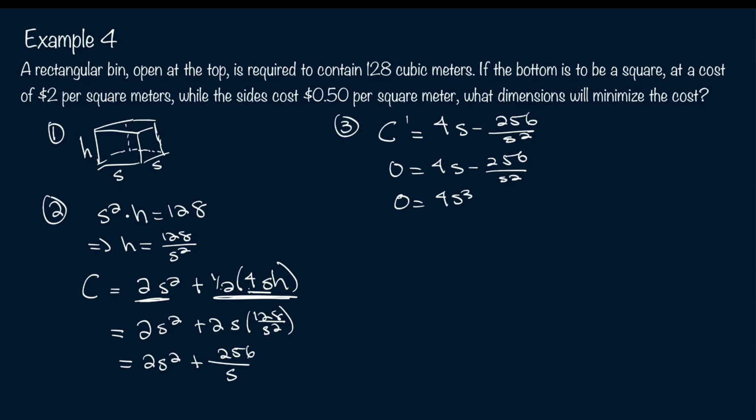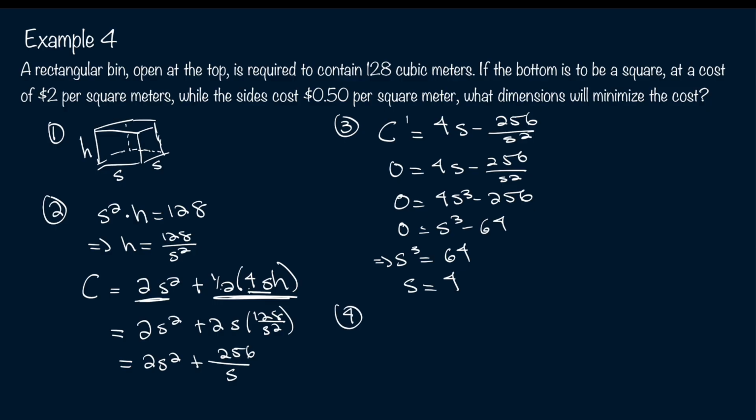We have 4s to the third minus 256. Divide 4 by both sides. We get s to the third minus 64. Then we get s to the third equals 64. And then s is equal to 4.